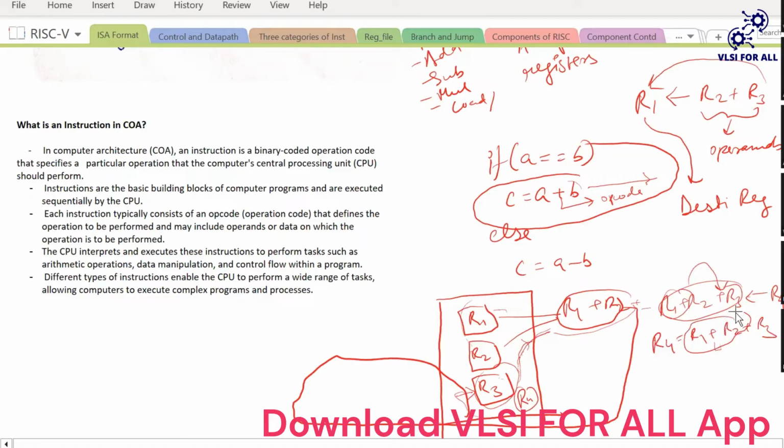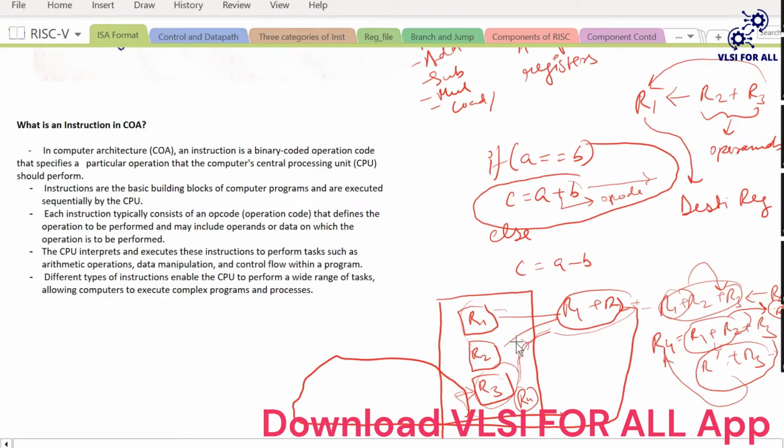In the second, it will get calculated and get stored somewhere, maybe in an R dash register, and from that R dash register it will be like R dash plus R3. This is our instruction 1, and this will be our instruction 2. This R dash will be added with R3, and now it will get stored to R4.